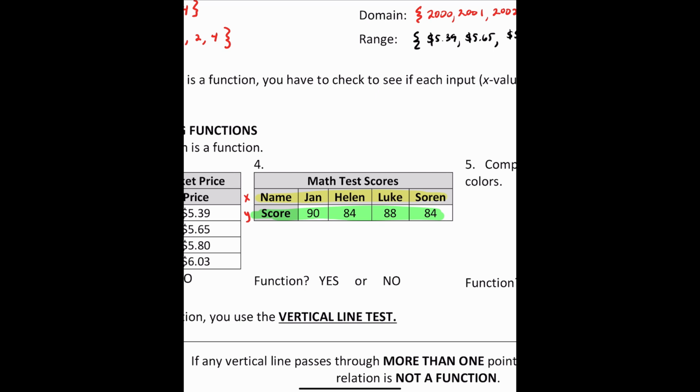Assuming that there isn't another Jan, Helen, Luke, and Soren in the class, we can go ahead and say that this is a function because no names are repeated. So each person has one test score. It would be weird for Helen to have a score of 90 and 88 on the same math test. That would be bad, and that wouldn't be a function if that was the case.